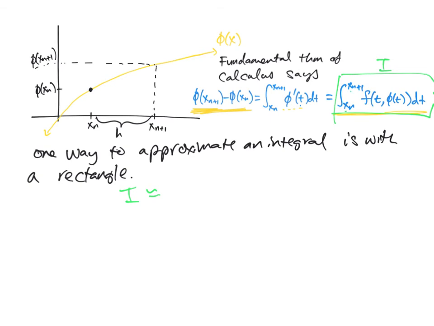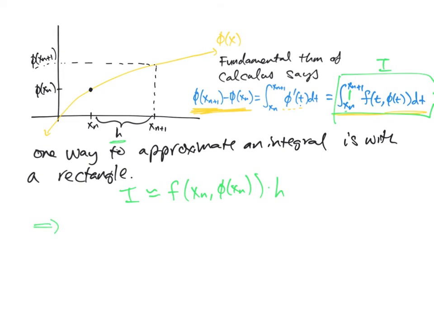And so we'll take xn because we already know something about xn. So f of xn, phi of xn, times the width of the rectangle, which is the difference between the two points in the limits, which is h, because of the way that we are defining our x values.